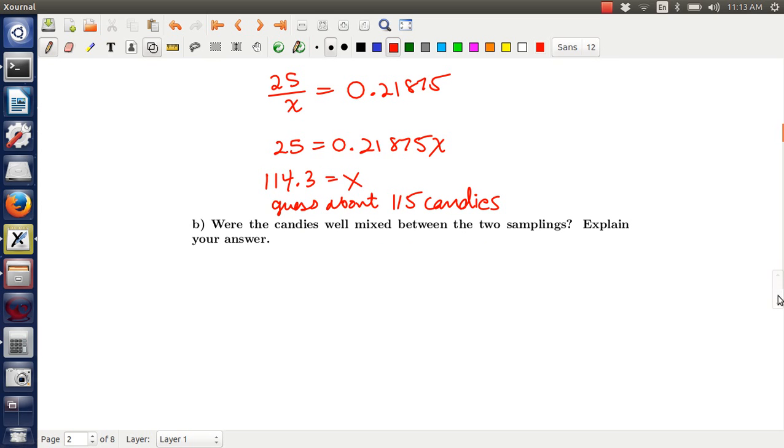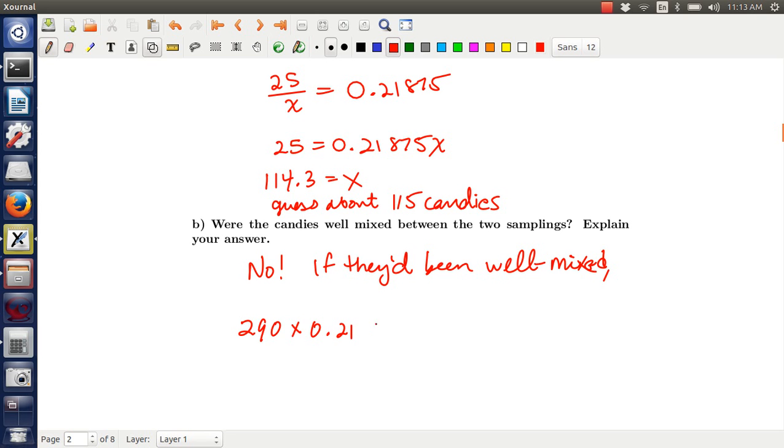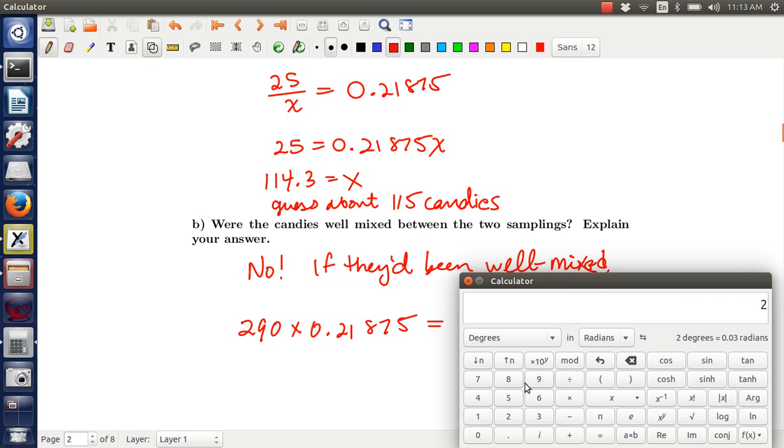Were the candies well mixed between the two samplings? No. So if they'd been well mixed, how many should there have been? If they'd been well mixed, then, so we knew it was 21%, so it would be 290 times 0.21875 is equal to what? 290 times 0.21875 tells you how many should have been.